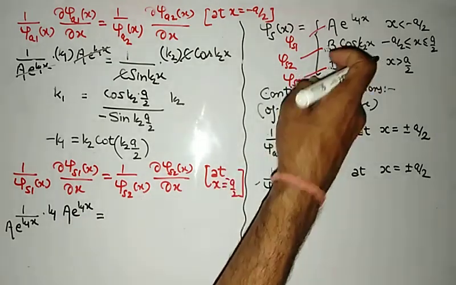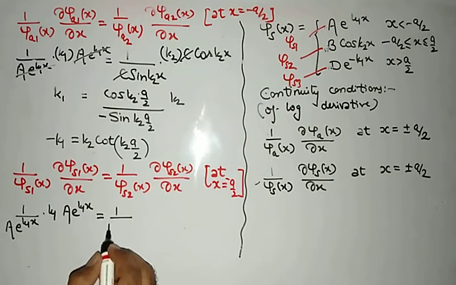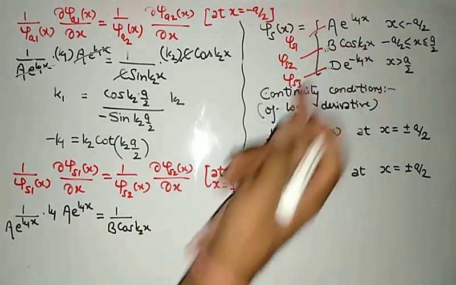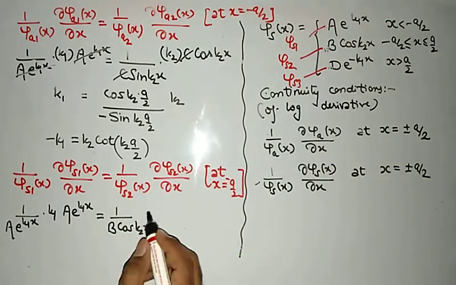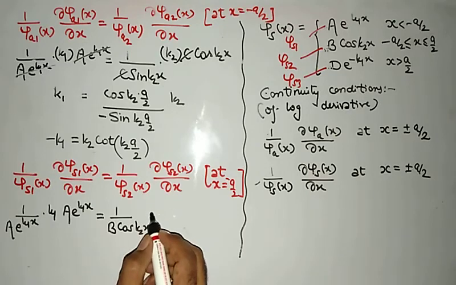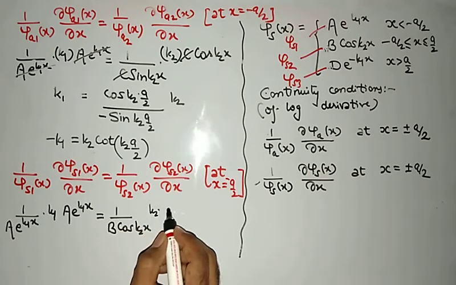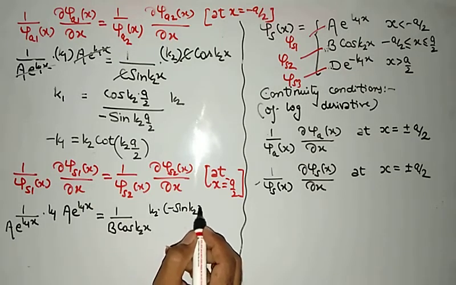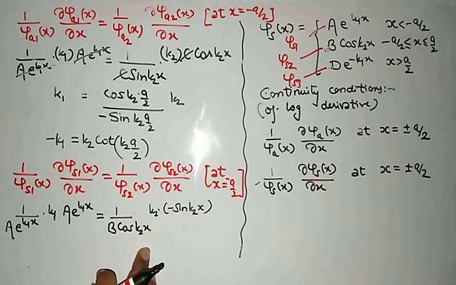Now taking second, b cos k2x, and after we will take its derivative, that will be k2 minus sin k2x, and these are at x is equal to a by 2.